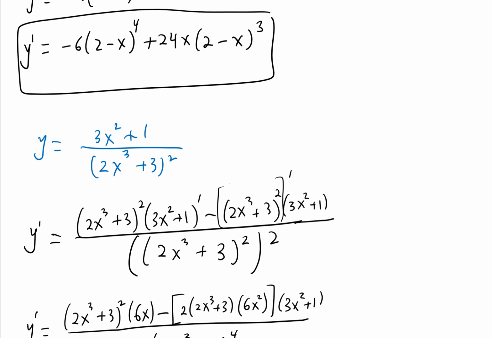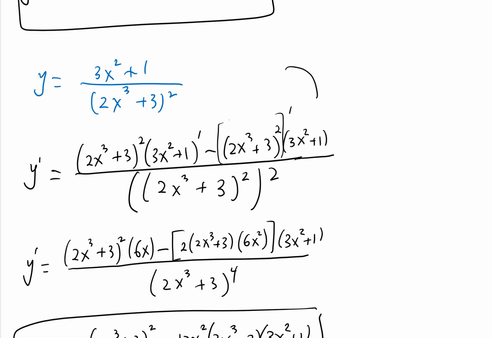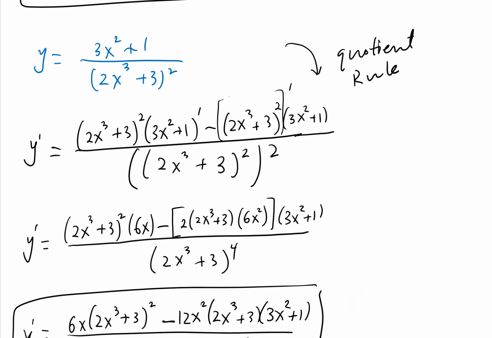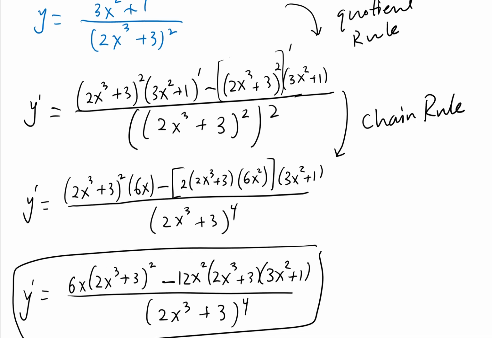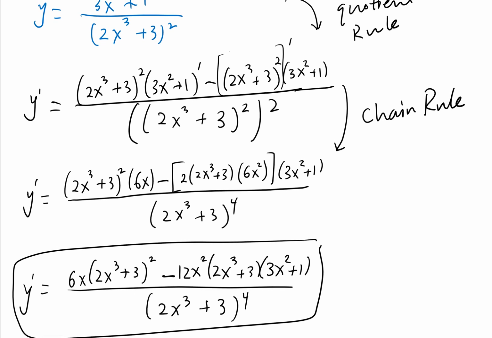The second one, from here to here, we use quotient rule. And from here to here, I use the chain rule. Check the work. If you have any questions about the steps, let me know.